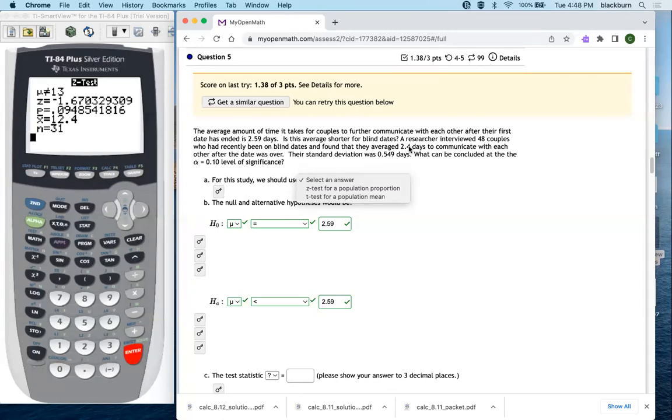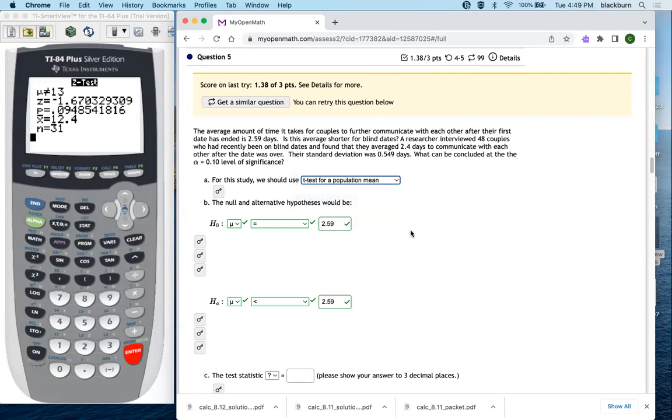So 2.4 days is less than the 2.59 days, but can you conclude conclusively that for the population of blind daters, it is going to be less than 2.59? So that's why we've got to come up with the statistic. You're not given anything about the population standard deviation, so we're going to use the t-test.